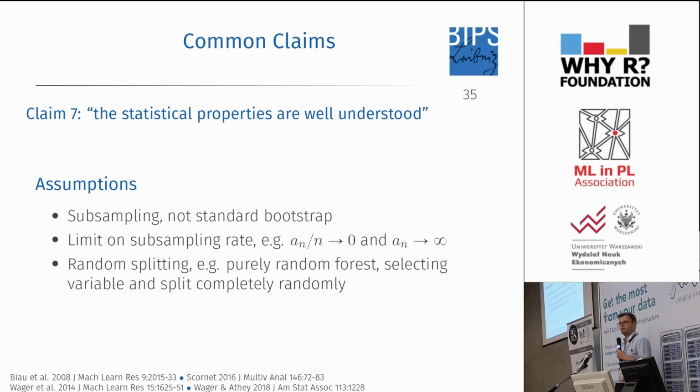And some of the results were obtained for a so-called purely random forest, where you remove the greedy component. You select the variable randomly, and you select the splitting point randomly. Then you have a purely random forest, which is easier to analyze, but it is far from the standard random forest, and it's usually worse in prediction performance.